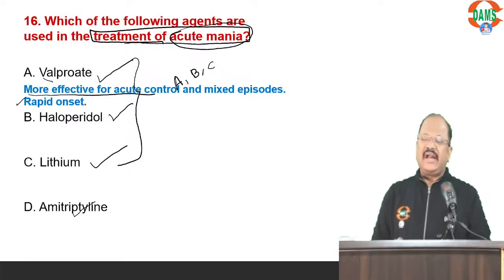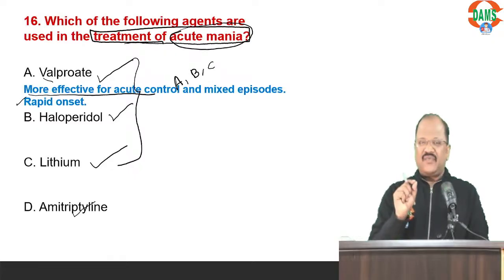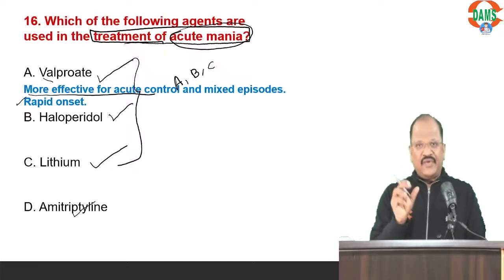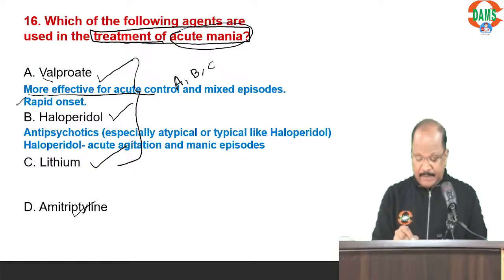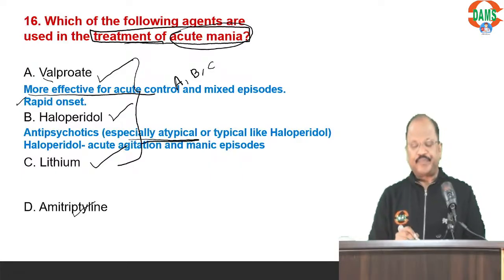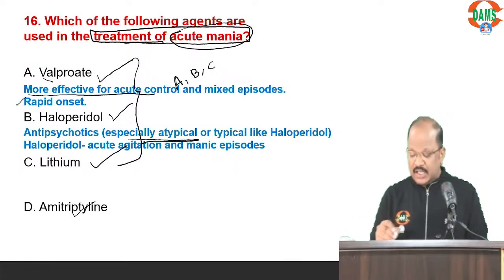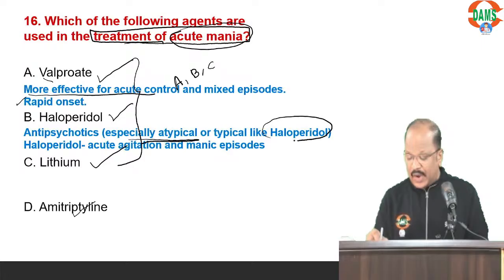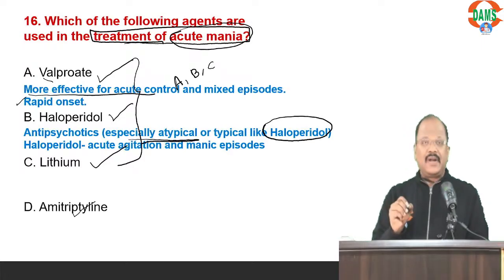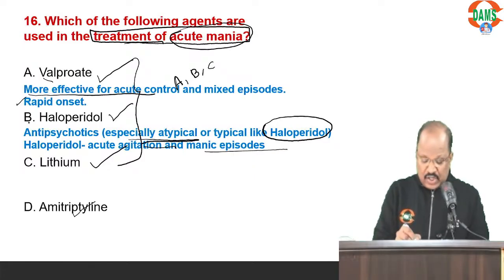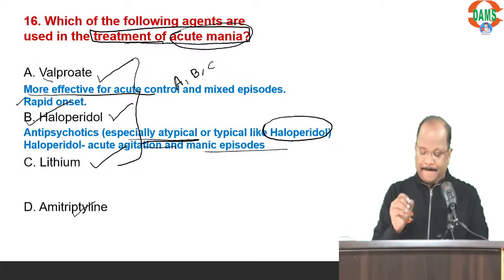Haloperidol is actually an antipsychotic. For treatment of acute mania, we can usually go for an atypical antipsychotic like olanzapine, risperidone, aripiprazole. If not, we can go for a typical one like haloperidol, because it is rapidly able to control agitation and manic episodes. So it is also useful for acute mania.